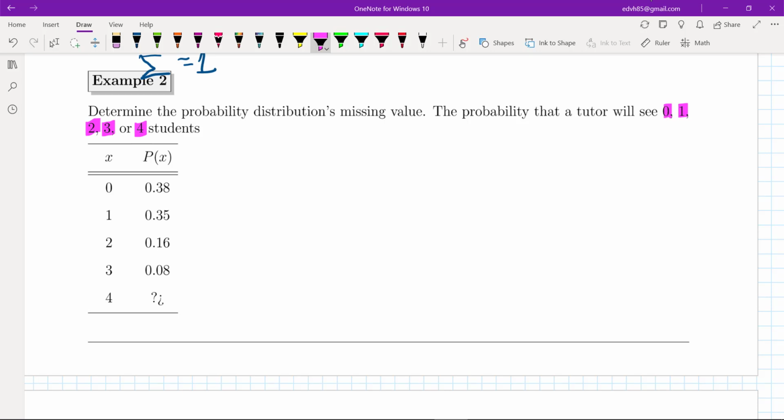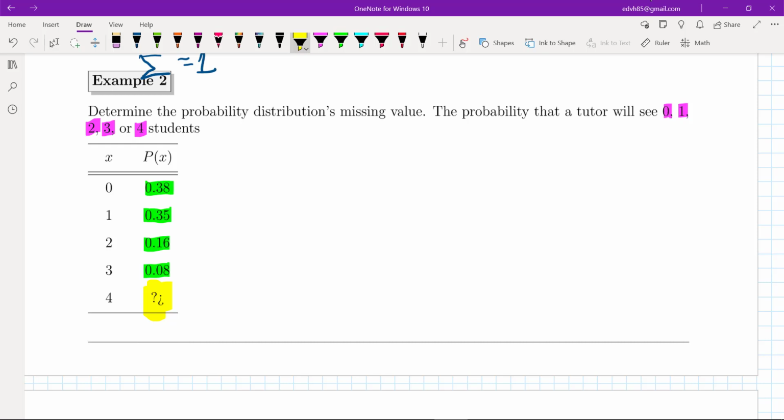And they're giving us some values, the probability that the tutor sees 0 students, 1 student, 2 students, 3 students, and 4 students. So in this case, what's the missing value, so that this describes a probability distribution?